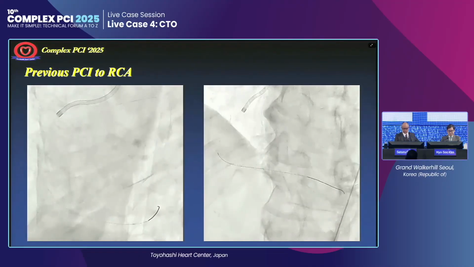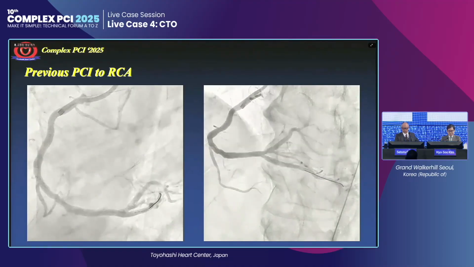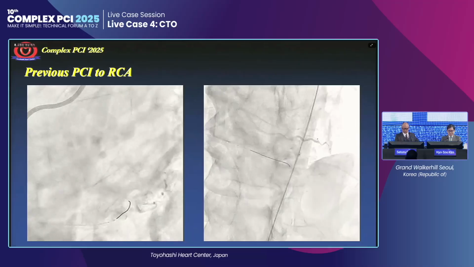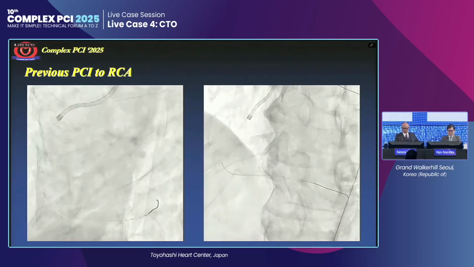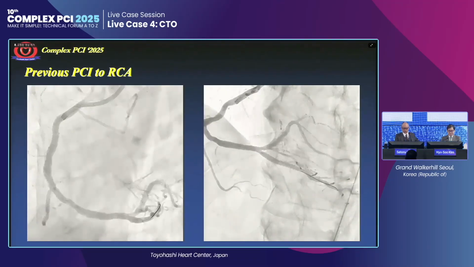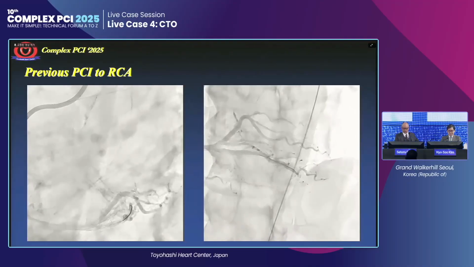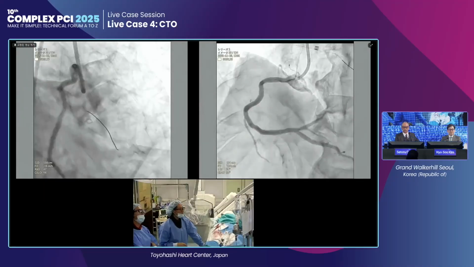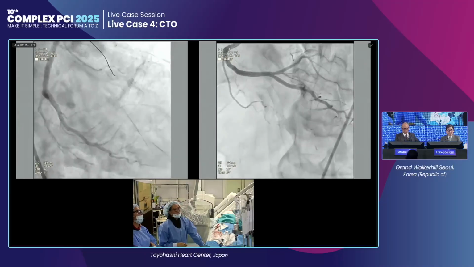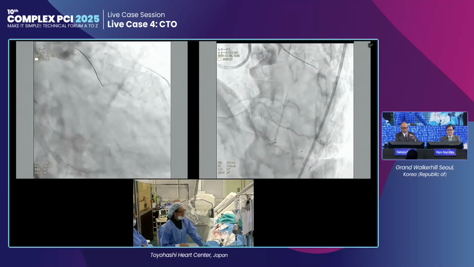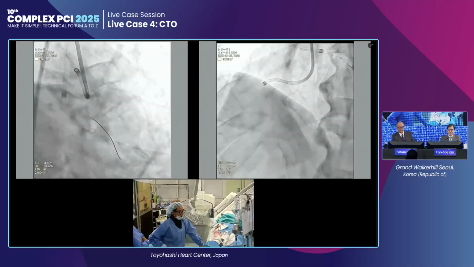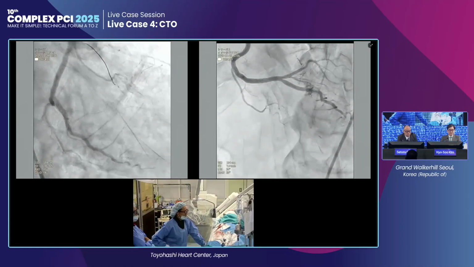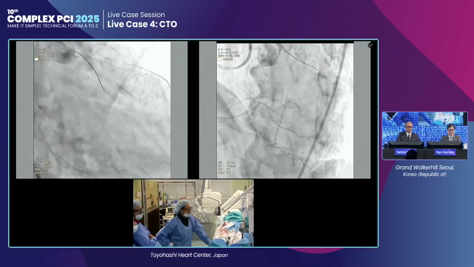Fortunately, we could treat the RCA without slow flow or no flow phenomenon. And so today we tackle the LAD CTO. I will show today's first shot. Can you see the collateral from the RCA to the LAD?